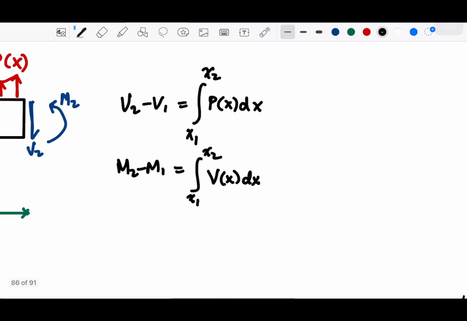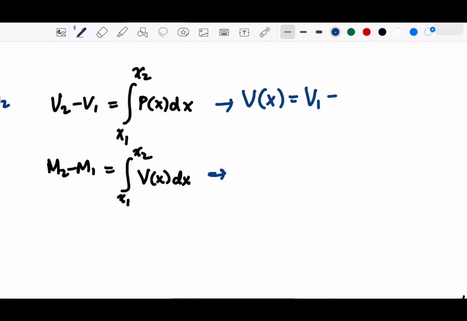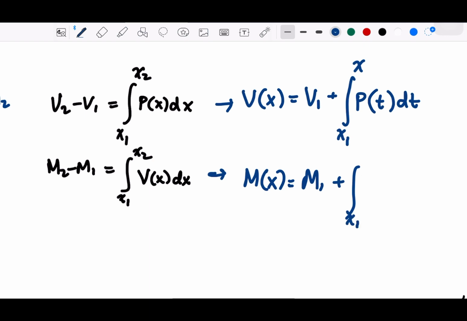We can write this using the fundamental theorem of calculus, from x1 to x. x is our variable, so we need to describe the integration with another variable inside, let's say t. t is just our dummy variable and has no real meaning.